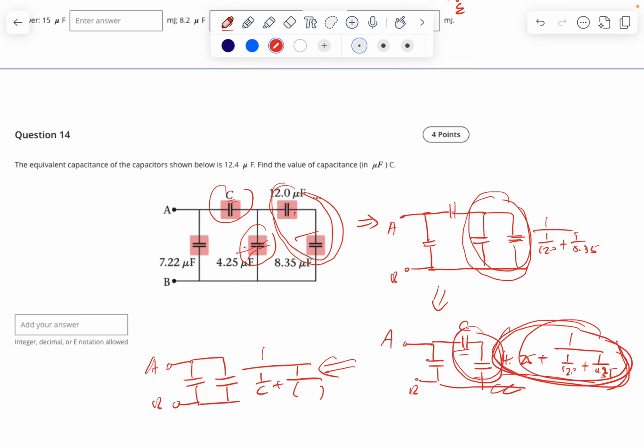Okay, and then connect together in parallel, just add them together, right? So at the end, the capacitance between A and B is 12.4. This also equals 7.22 plus this whole group. Okay, solve for C.